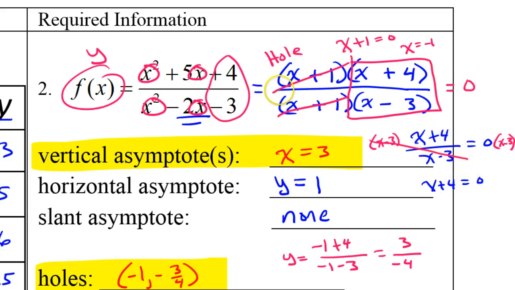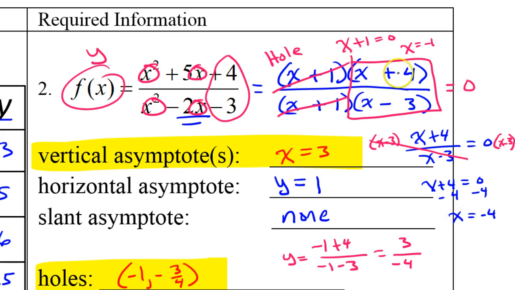So if you've ever heard me say, if you want the x-intercept, most of the time you can just set the numerator equal to 0. All I'm doing is skipping a step, the step where you multiply by the denominator, because you immediately get numerator equals 0 anyway. Subtract 4 from both sides, I get x equals -4.